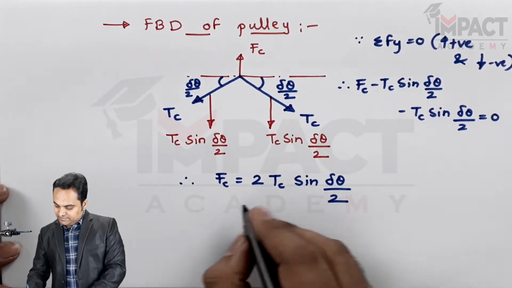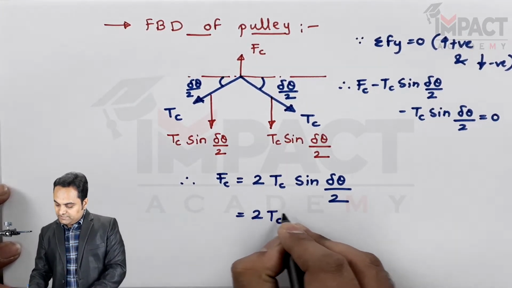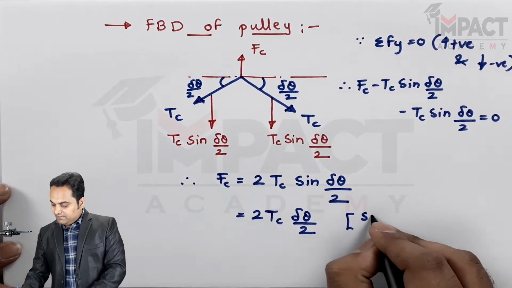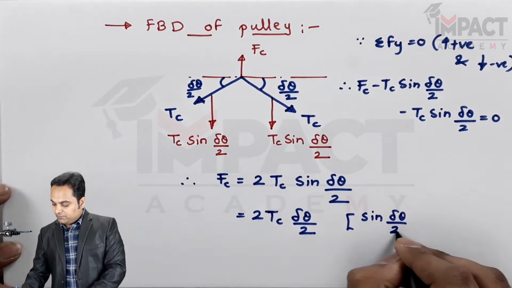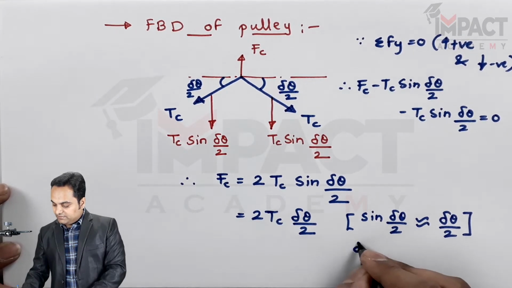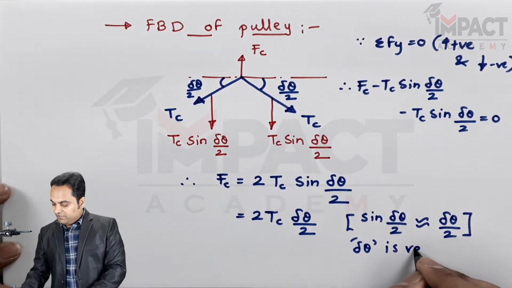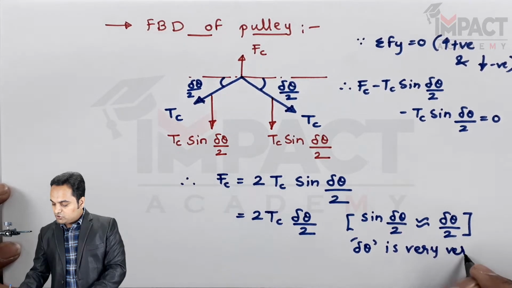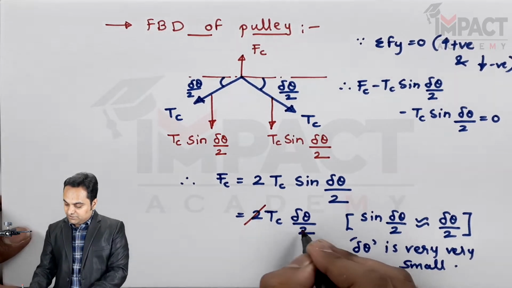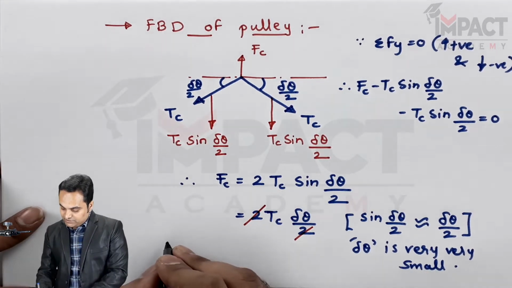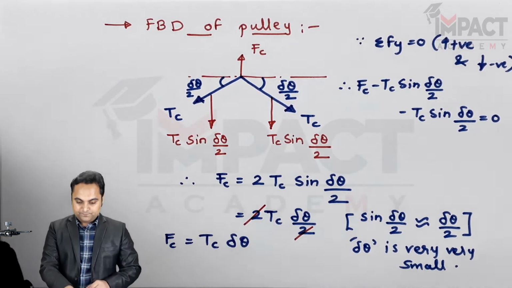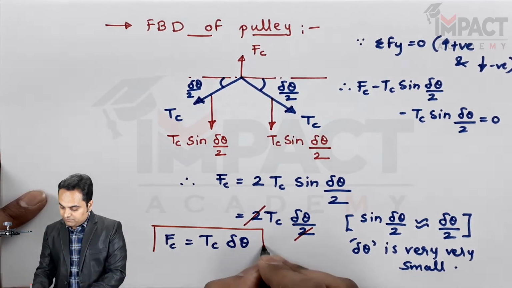So here I can say that 2Tc, it will be just delta theta by 2, because sine delta theta by 2 is very much similar or equal to delta theta by 2, as delta theta is very small. So after the cancellation here, I am getting the centrifugal force as Tc into delta theta, and that will be equation number 2.